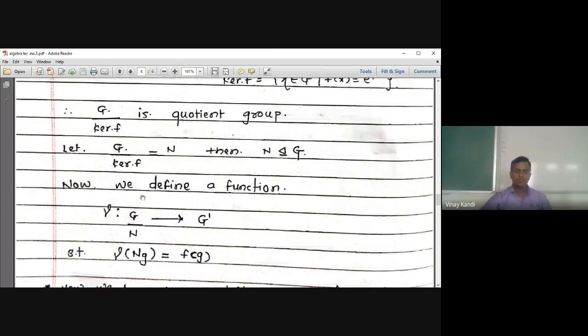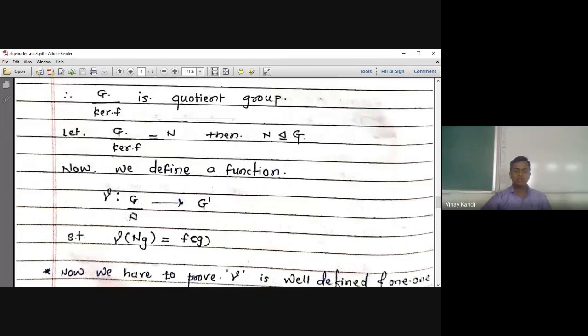So psi is the function from G by n to G dash, and the element of this factor group is in the form of ng, where g belongs to G and n is the normal subgroup, which is the kernel of f.